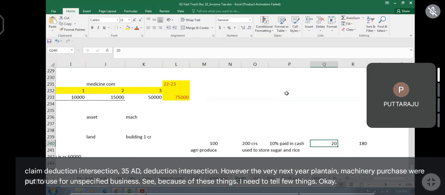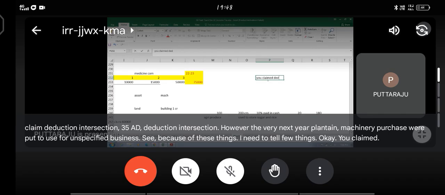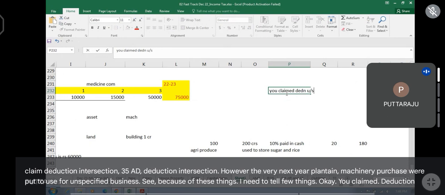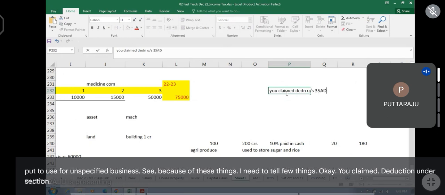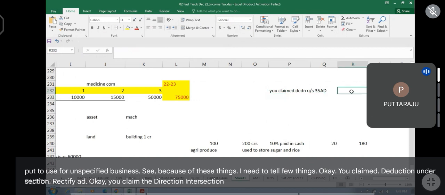You claim the deduction under section 35AD of plant and machinery.